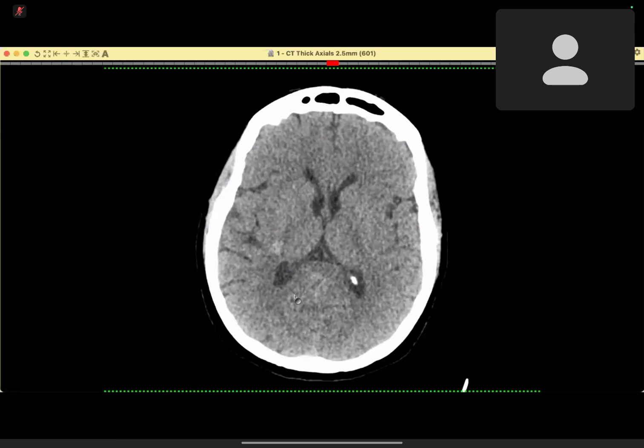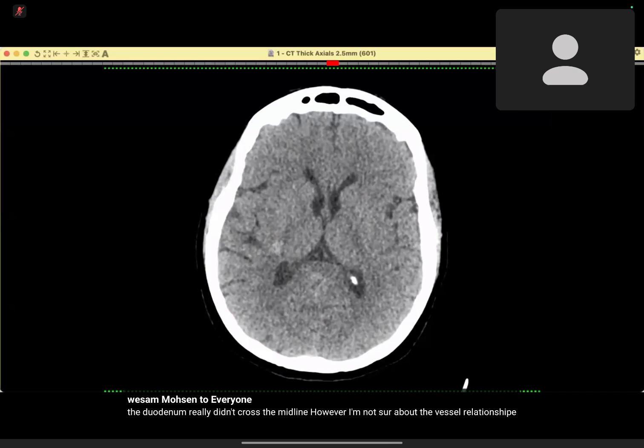This mass lesion didn't show any perilesional edema, and also didn't show any mass effect or compression onto the adjacent right ventricle. My impression for this case is that it could be a cavernoma.